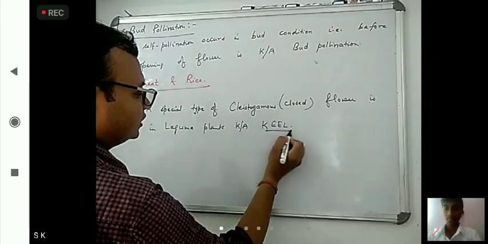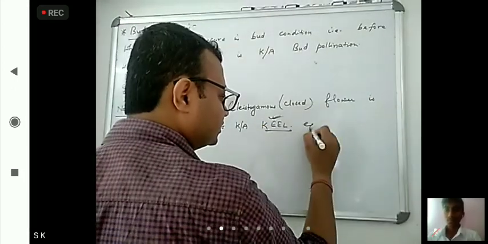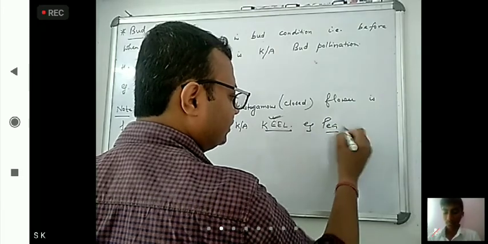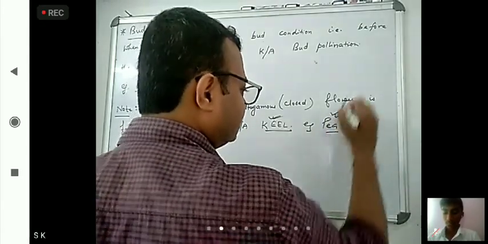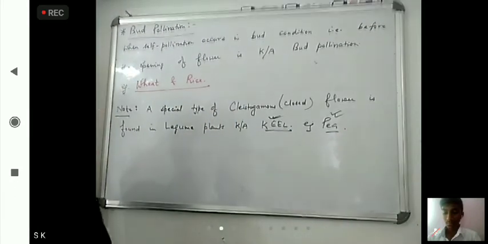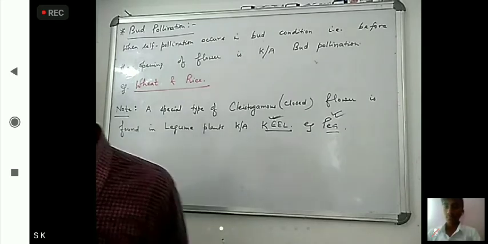This you have to remember. For example, pea and gram are legume plants. Pea has a cleistogamous flower, known as kill.